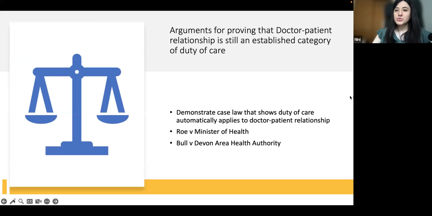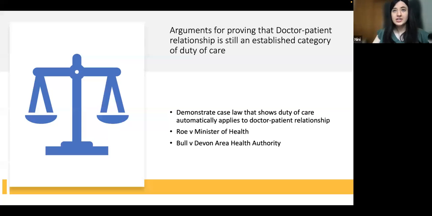Arguments for proving that doctor-patient relationship is still an established duty of care. Demonstrate case law that shows duty of care automatically applies to doctor-patient relationship. This was, for example, Rowe versus Minister of Health, or Ball versus Devon Area Health Authority.